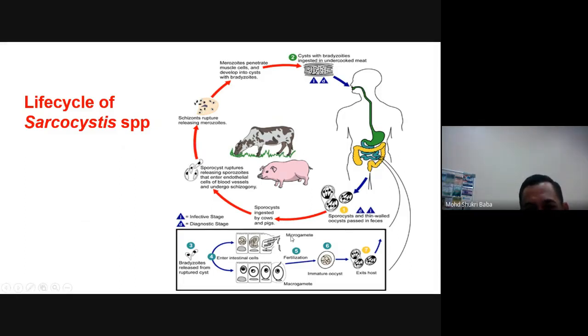Okay, intestinal tadi ini saya nak bagi tahu bahawa sama seperti sebelum ini, dia melibatkan sexual fertilization, which is melibatkan macrogamete and microgamete. Seperti biasa, microgamete akan pergi mencari macrogamete untuk fertilization sebelum dia membentuk immature oocyst. Okay, and then dia keluar ikut najis di environment.